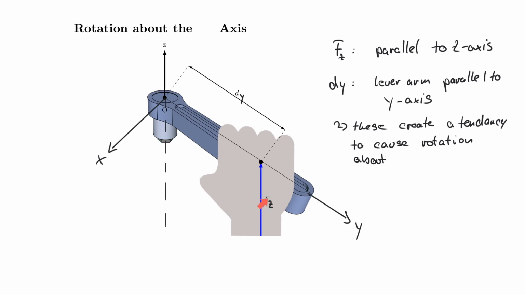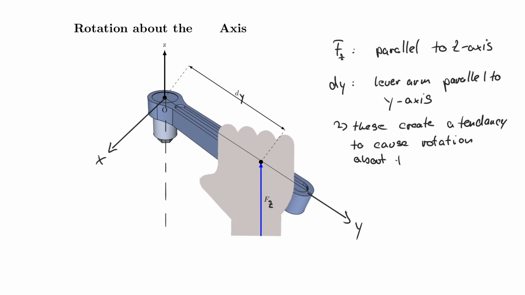So now I'm rotating this force here, Fz, to this point with lever arm dy. And what that really means is that I'm rotating from positive y to positive z, right? So imagine this. So I'm turning from positive y to positive z, and that means that I have actually rotation about the x-axis.